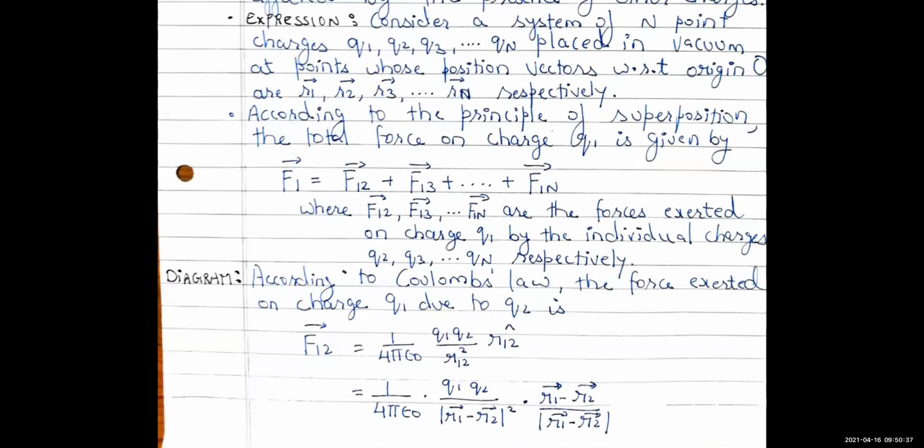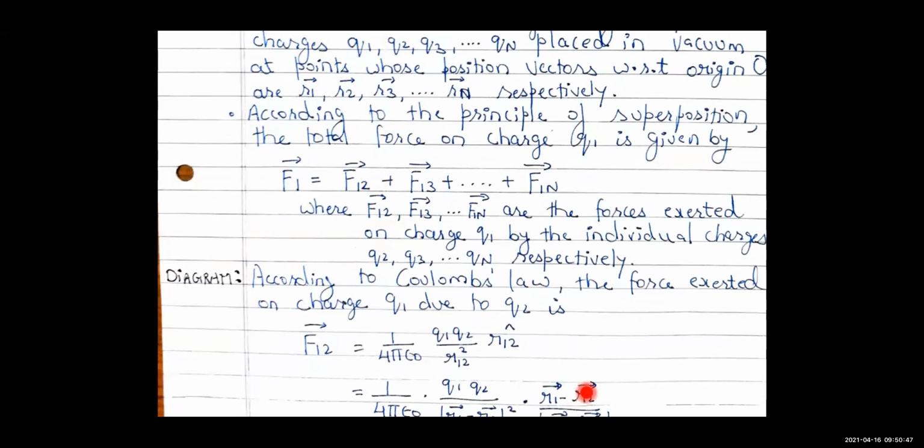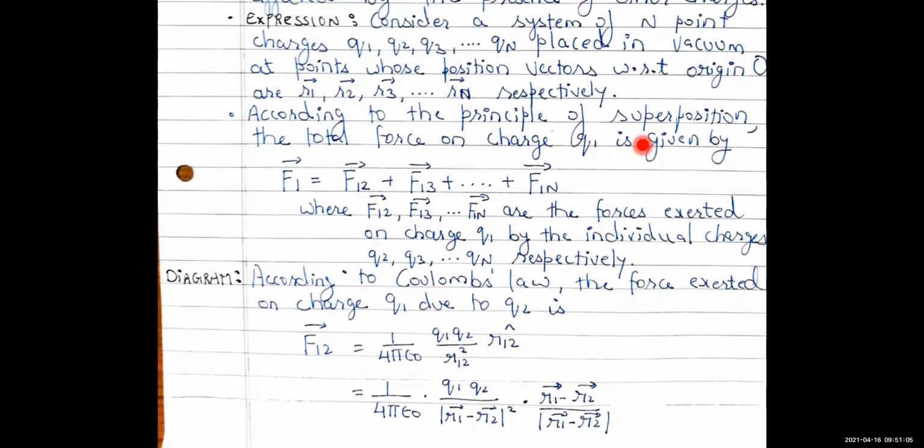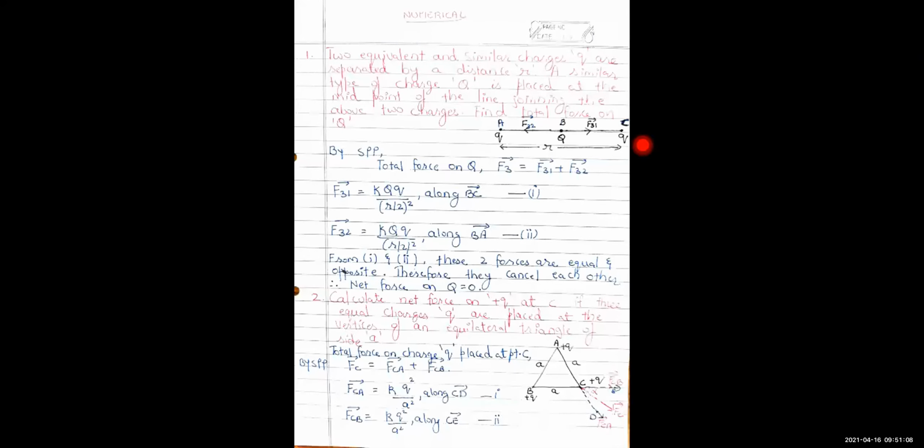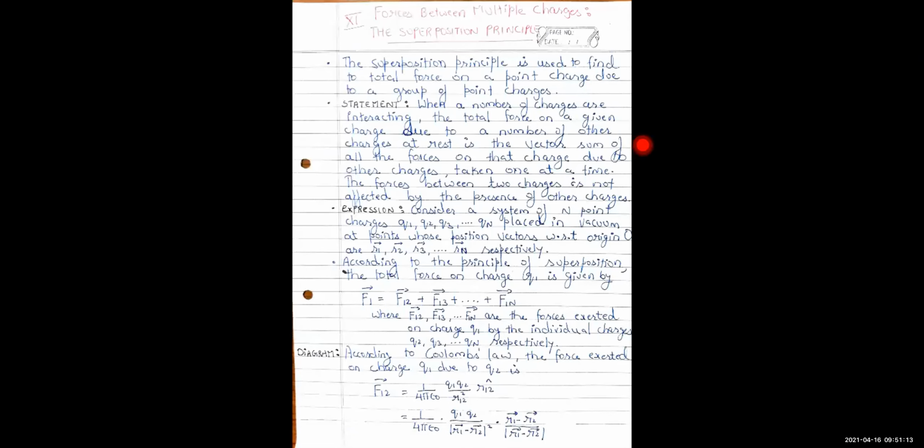If you see it over here, instead of R12, we are going to put R1 minus R2, and upon R12 squared, so it is the magnitude of R1 minus R2 squared, right?